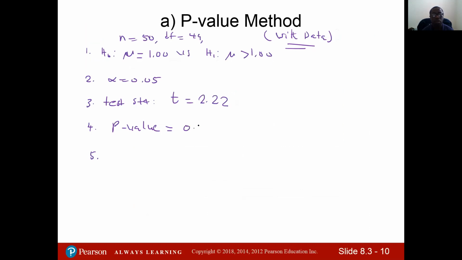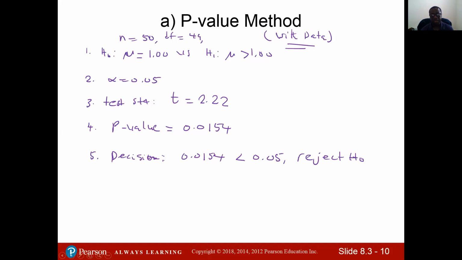The p-value was 0.0154, to 4 decimal places. What's our decision? The decision is that the p-value 0.0154 is actually less than 0.05. So we reject H0.